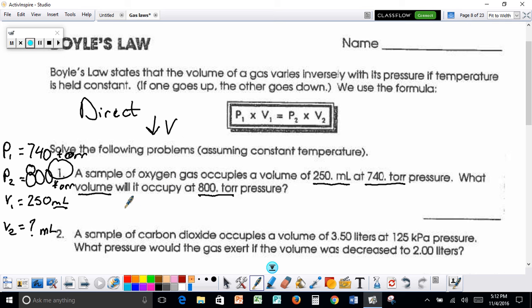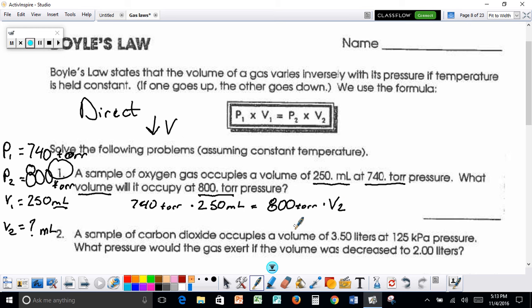So let's go ahead and plug our numbers into our equation. So looking at it, and we're just going to fill it in, our P1 is 740 torr times our V1, which is 250 milliliters, which is equivalent to our new pressure of 800 torr times V2, which is our unknown, which is what we're solving for.